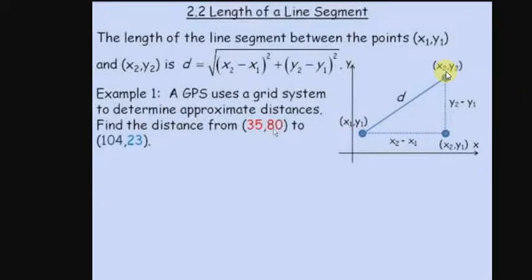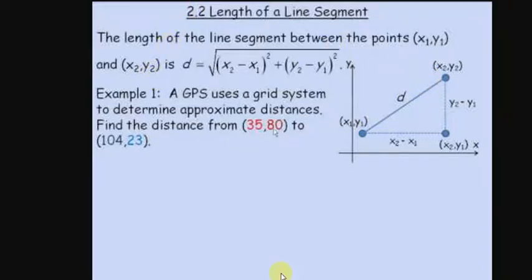If we've got a right angle triangle, then the sum of the squares of the two shorter sides adds up to the square of the longer side. So if we square root the sum of the squares of the two shorter sides, we'll get the length of the longer side, and that's what we're looking for here.